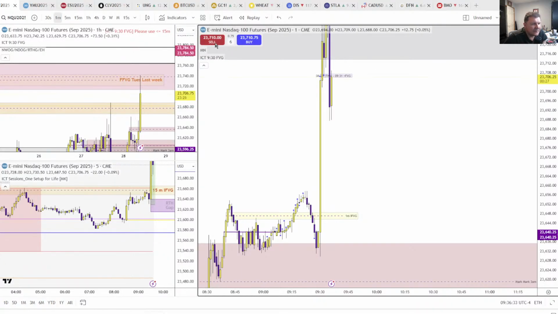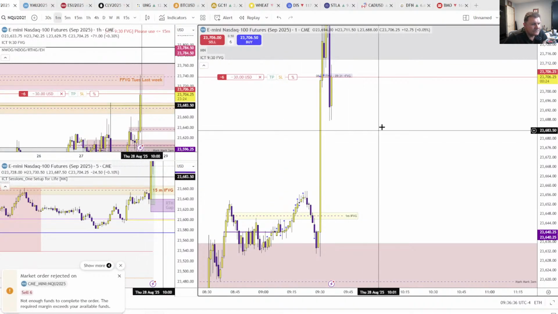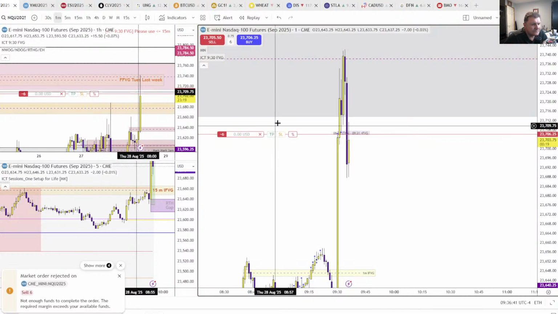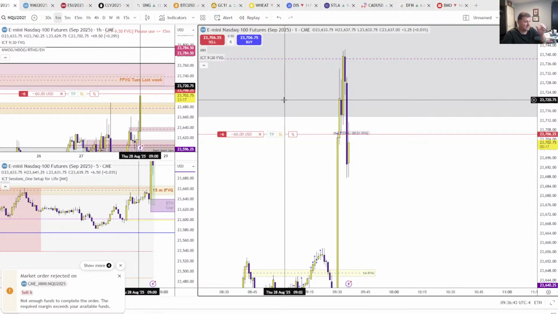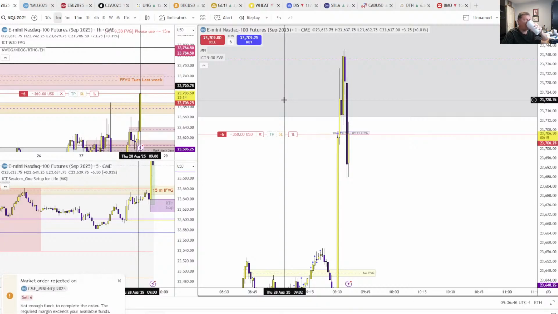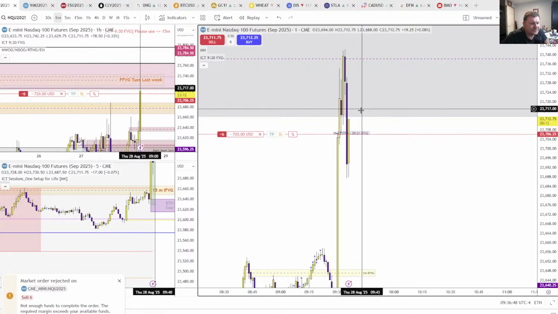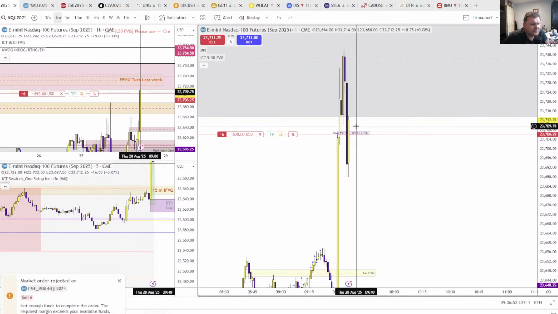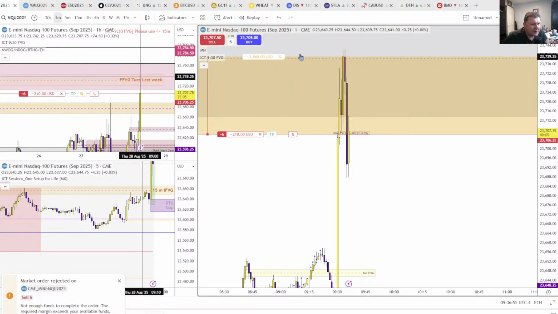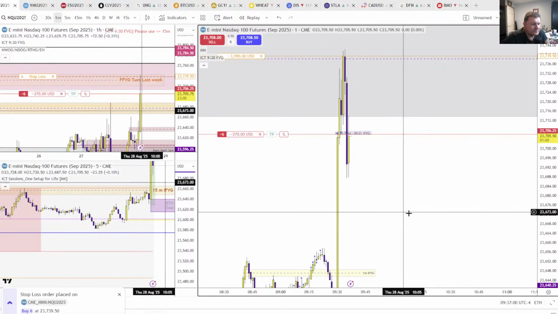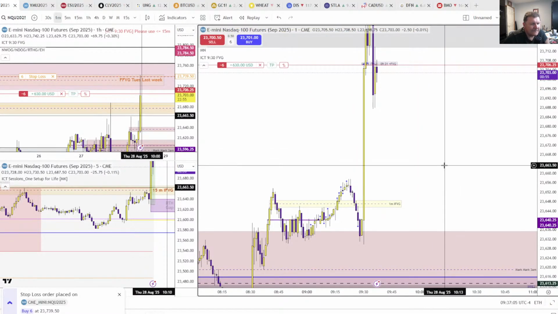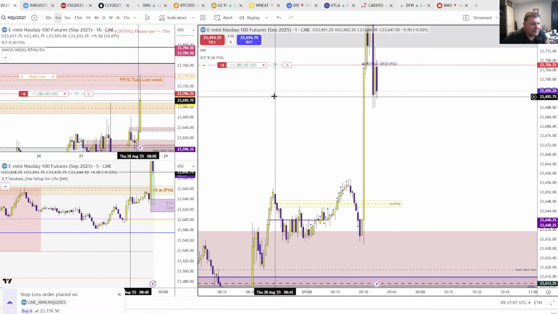I'll take a short right there. Stop loss will have to go up here. If I take out these lows, I'll move to break even.